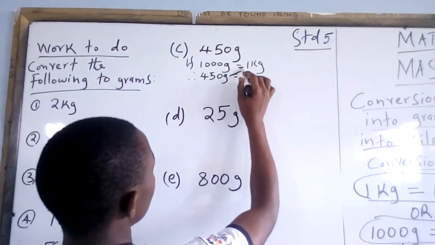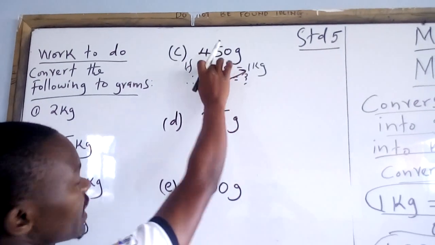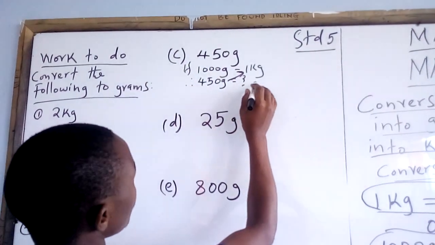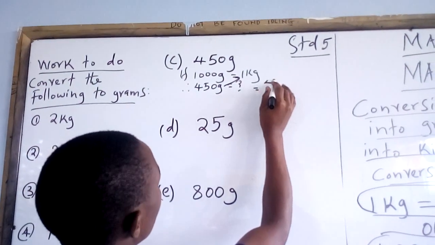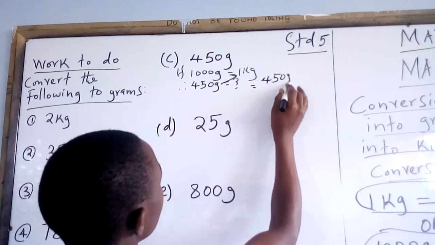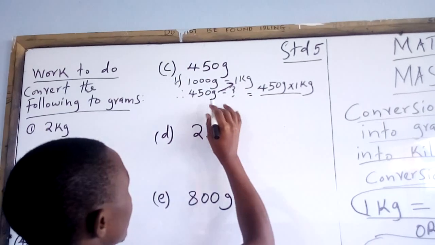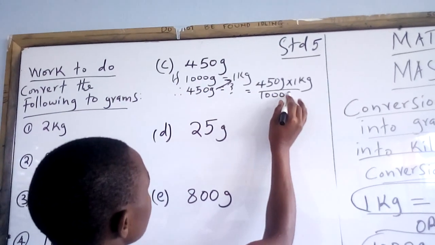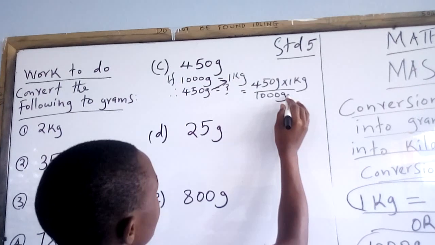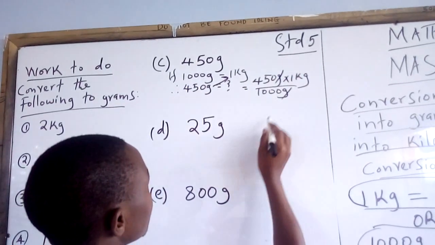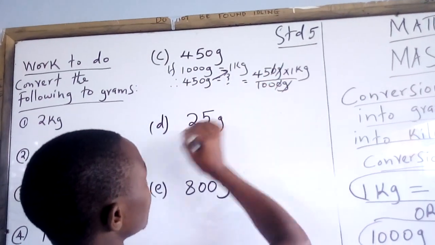You simply cross multiply, then you divide by 1000. So this is going to be 450 grams multiplied by 1 kilogram divided by 1000 grams. The grams will cancel. This 0 cancels this 0.